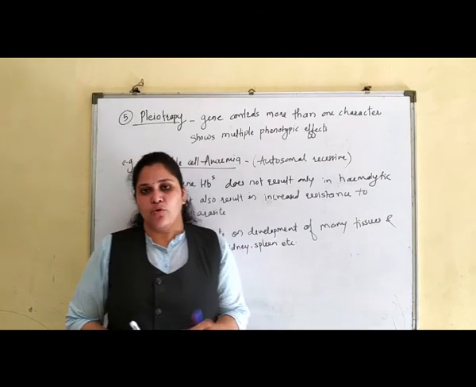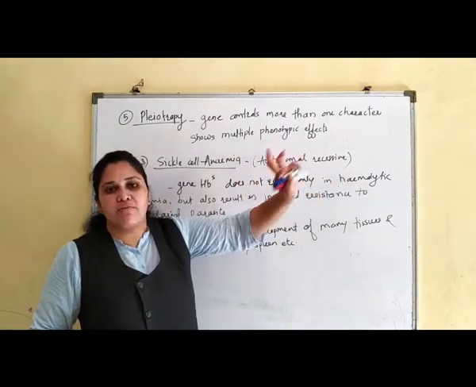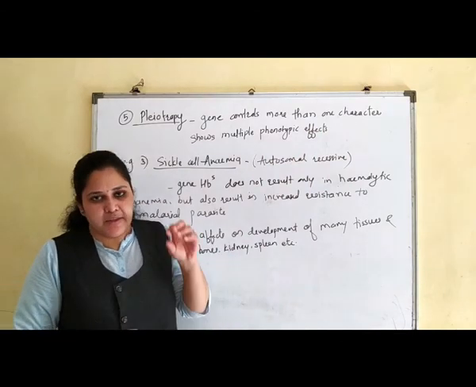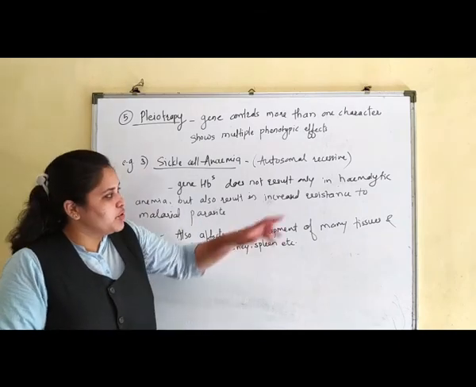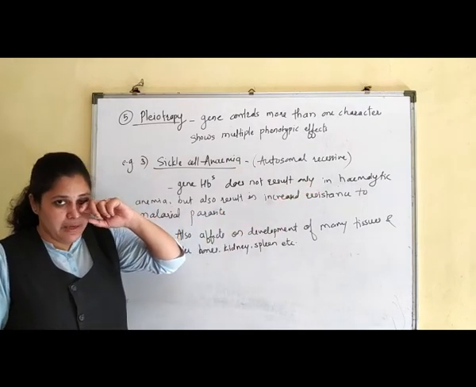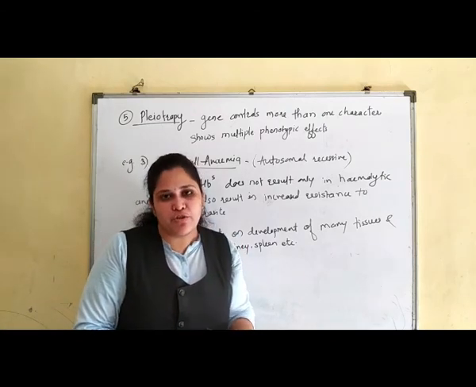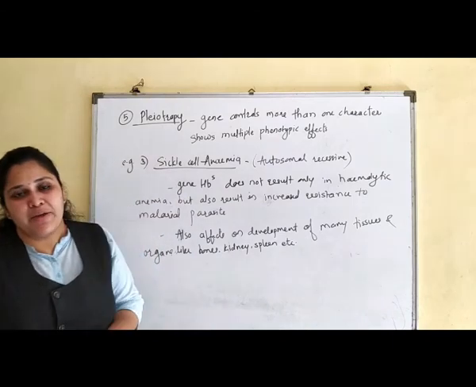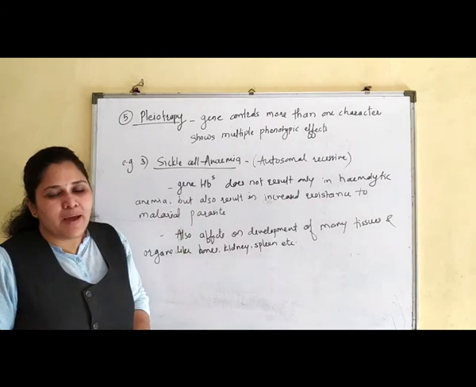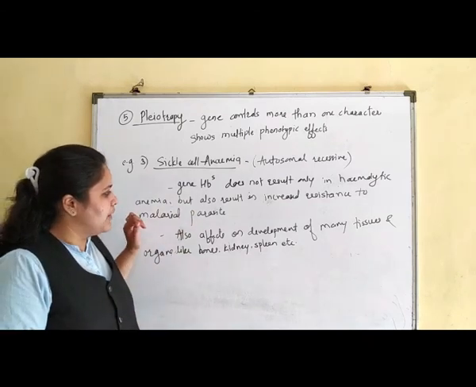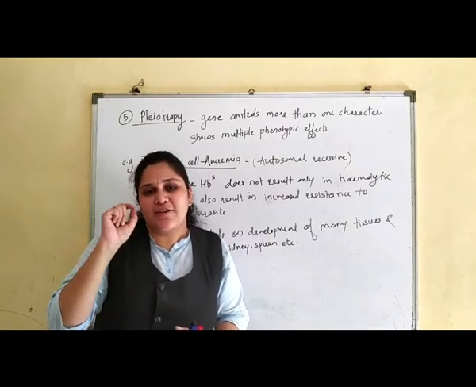Not only the single one: the sickle cell anemia autosomal recessive gene is responsible for hemolytic anemia, but along with this, because of low tension or low pressure of oxygen, it causes damage to different organs. Fine. It also increases resistance to the malarial parasite, because the malarial parasite is not able to grow in sickle shaped RBCs.